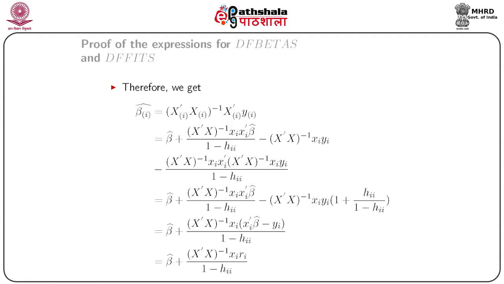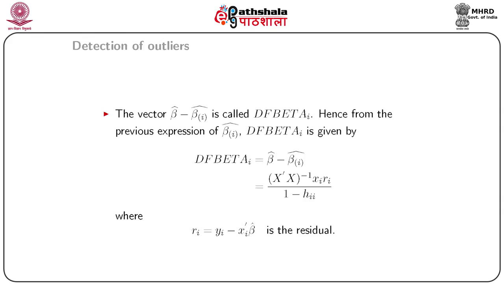Thus, β̂_(i) equals β̂ plus (X'X)^(-1) x_i r_i divided by 1 minus h_ii. The vector β̂ minus β̂_(i) is called DFBETA. Hence, from the previous expression of β̂_(i), DFBETA can be written as β̂ minus β̂_(i), which equals (X'X)^(-1) x_i r_i divided by 1 minus h_ii.